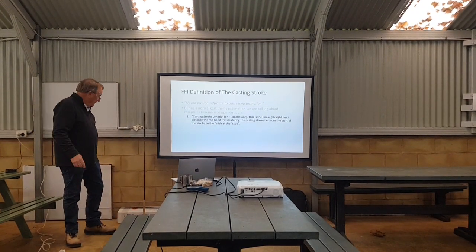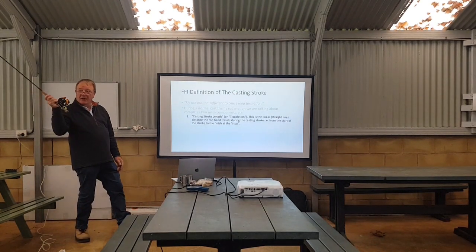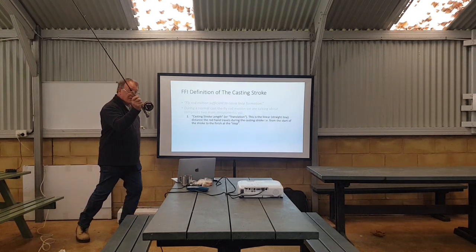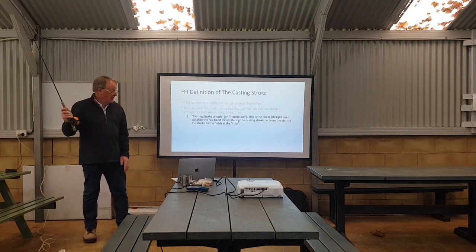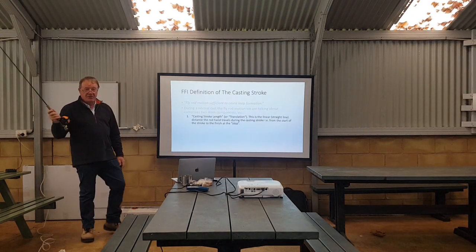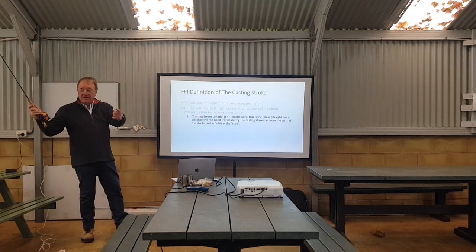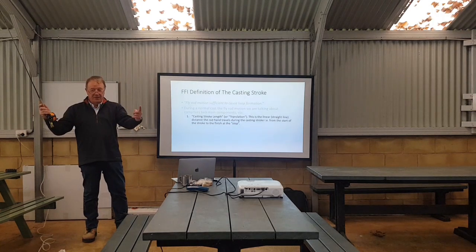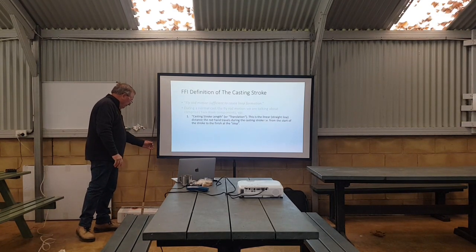It's all about this movement here, linear movement of the hand, usually, or it should be, at the start of the stroke, like so. I like to think about it this way: translation is actually the act of moving your hand like that, and casting stroke length is the distance that results from that movement. So in this case, it's from about here to here. That's casting stroke length or translation.